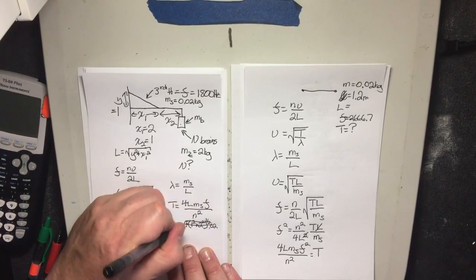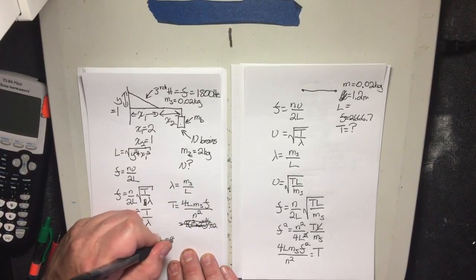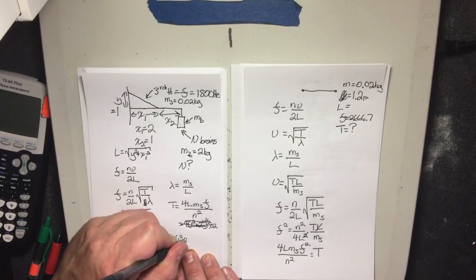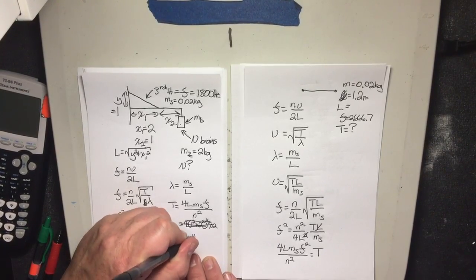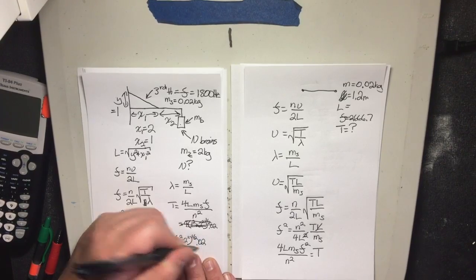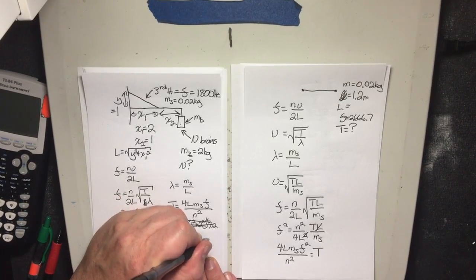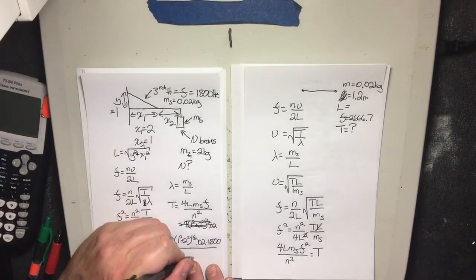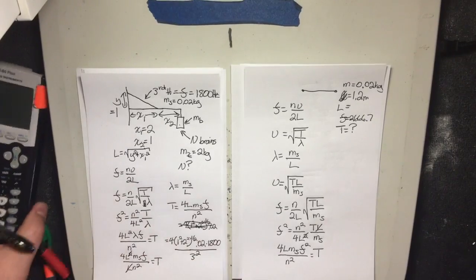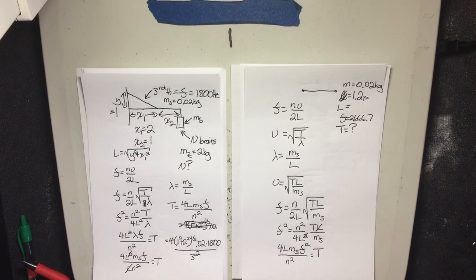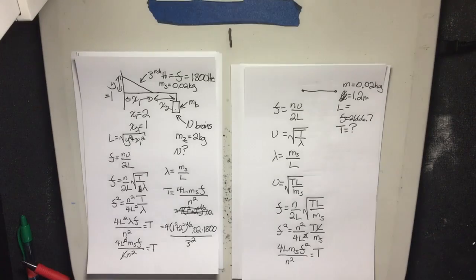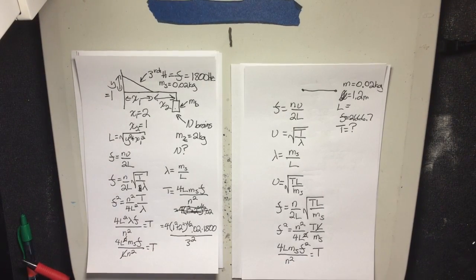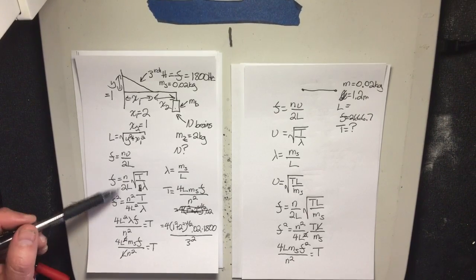I'm not going to have enough space. And there you go. Why did I drop the square root of the frequency? Oh, wait.